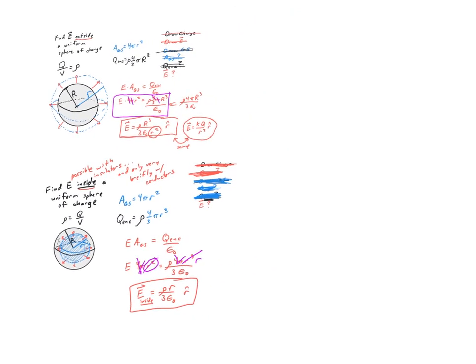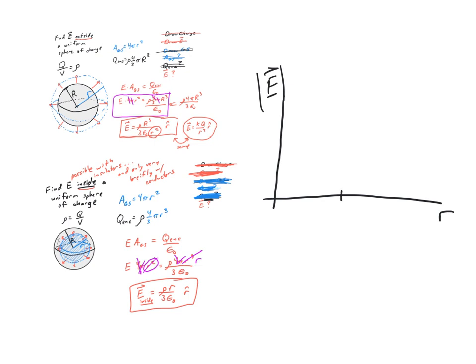I'm going to combine those results into a single graph of the electric field versus the distance away. Note that my variable is lowercase r. And this will just be the magnitude of the electric field on the vertical axis.